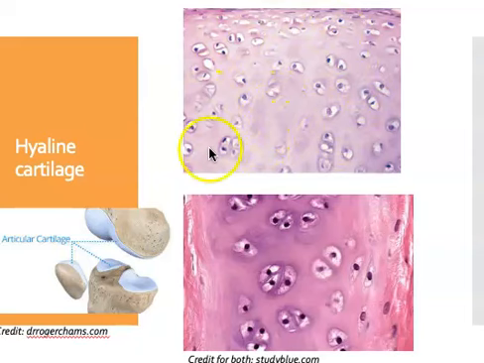The upper image also gives you a feeling of transparency, although some of that is due to the specific stain that was used to prepare this microscope slide. When you look at the bottom image, this was stained a little bit differently. Everything looks a little bit darker. But I think you'll still agree that the matrix around the lacunae has a very smooth appearance. And again, this is what is referred to as a glassy look.